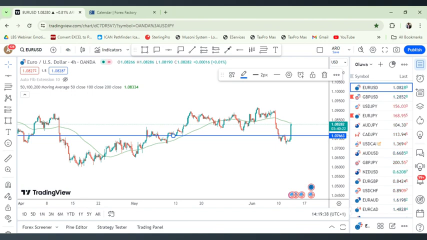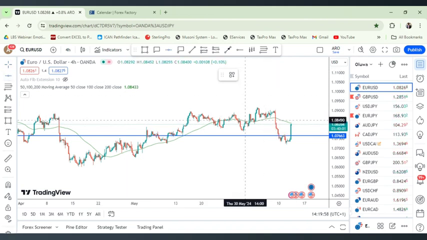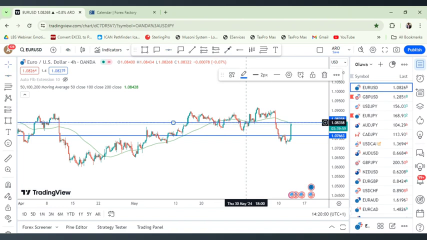From the 4 hours, the 50 EMA that was broken on the 1 hour, the market is just about to break on 4 hours. The market is yet to break this 50 EMA, so there is still possibility of downward movement for this trade from 4 hours.